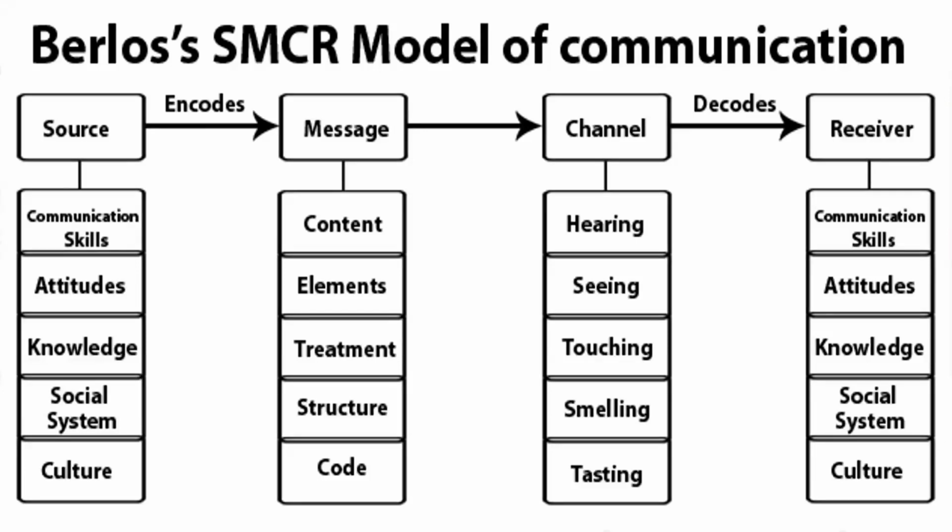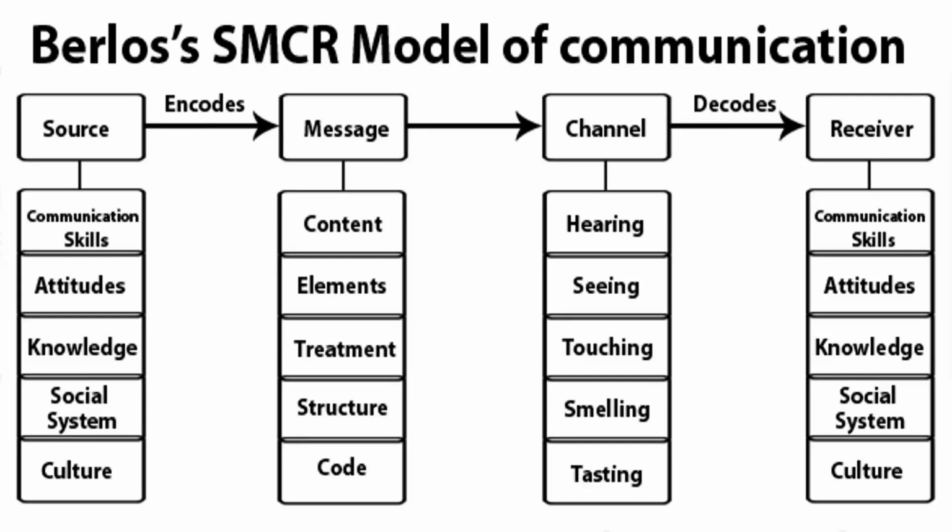Communication skills include writing, speaking, listening, presenting, and reading. If the sender is not good at those communication skills, then the message might be lost in the process of transmission. So the source or the sender must have these communication skills.